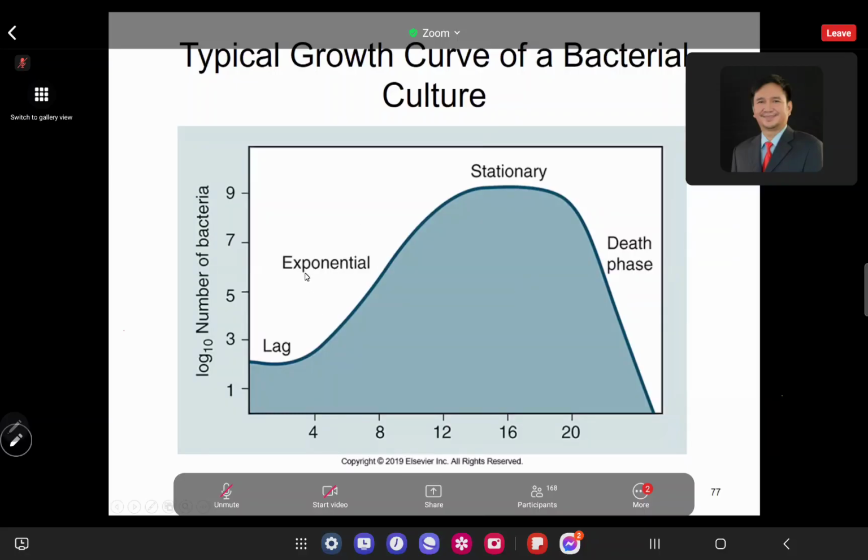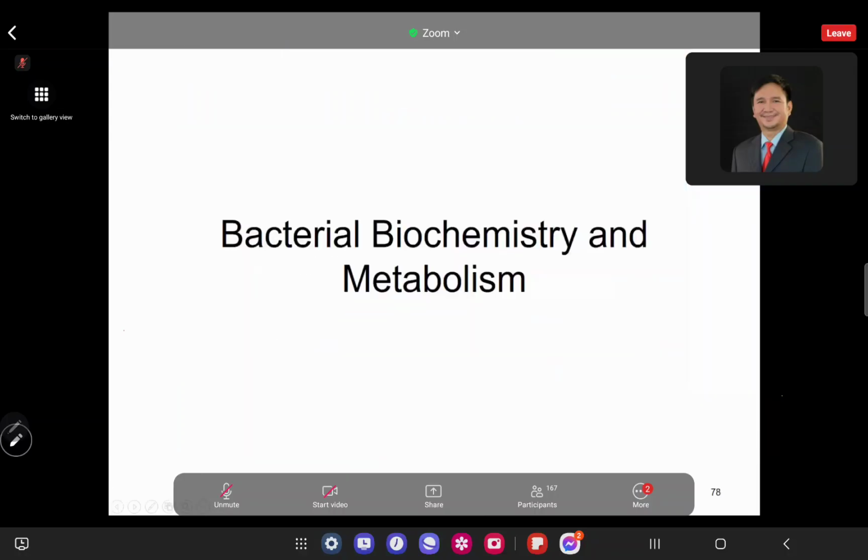Exponential or logarithmic growth, cells divide at their maximum rate. And then you have your stationary phase: growth slows as nutrients are depleted and waste products accumulate. The number of viable cells remains constant. And then you have your death phase. Cells die off due to toxic conditions and lack of nutrients.